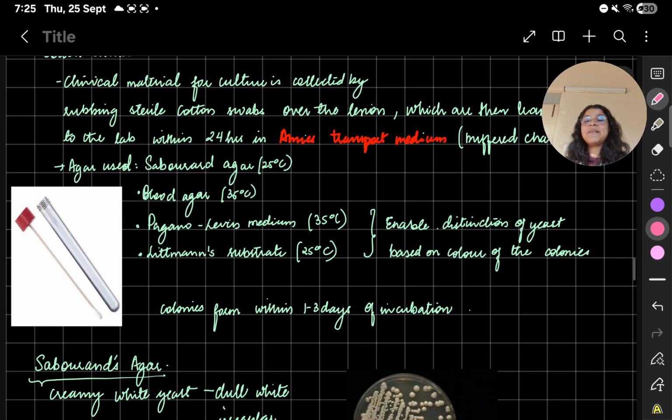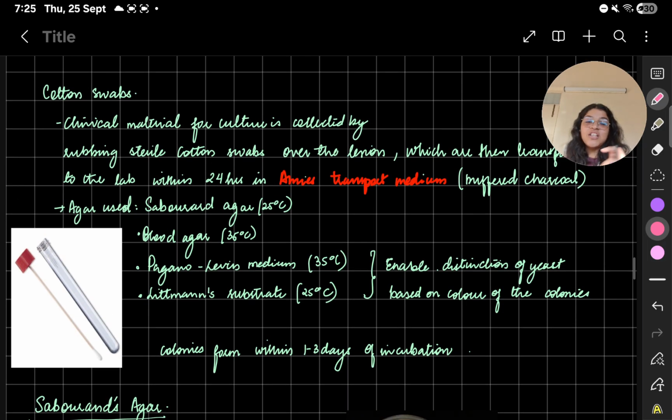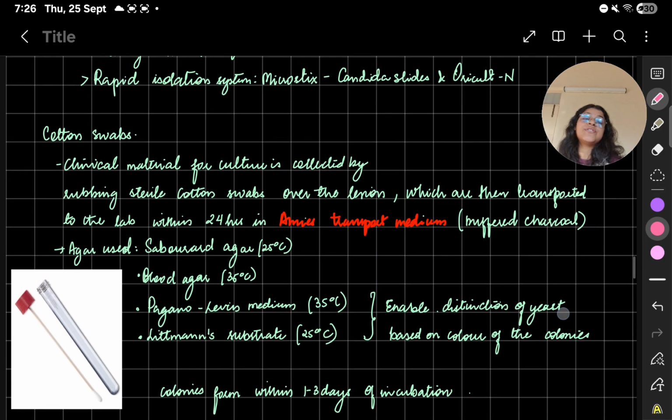Cotton swab: clinical material for culture is collected by rubbing sterile cotton swabs over the region, which is transported to the lab within 24 hours in Amies transport medium, which is a buffered charcoal.